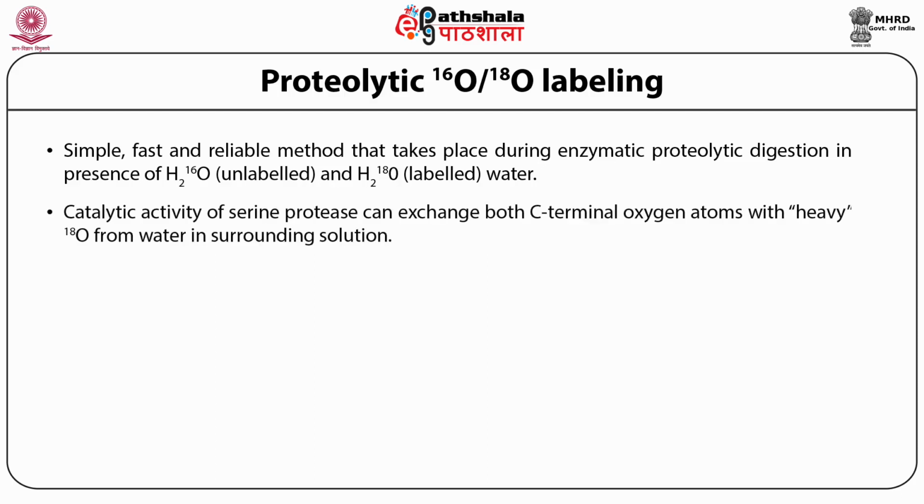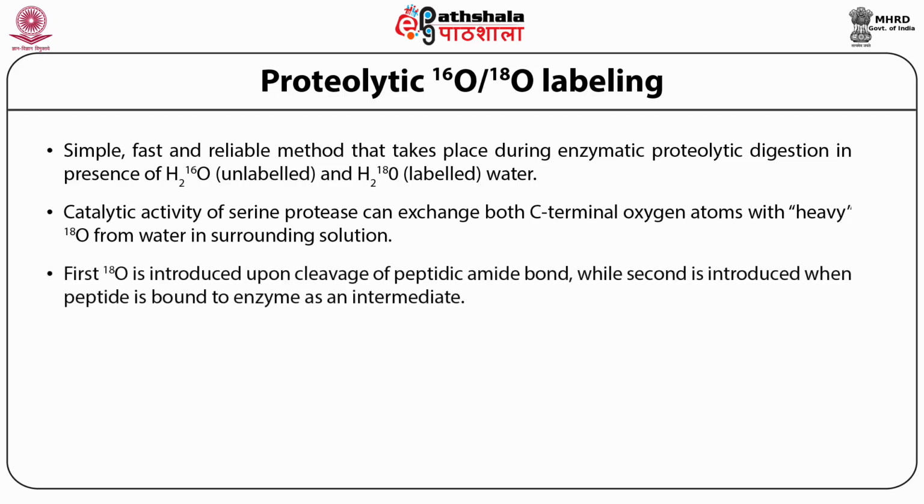Catalytic activity of serine protease can exchange both C-terminal oxygen atoms with the heavy oxygen from water in the surrounding solution. First, the oxygen 18 is introduced upon cleavage of the peptide amide bond, while the second is introduced when the peptide is bound to the enzyme as an intermediate.